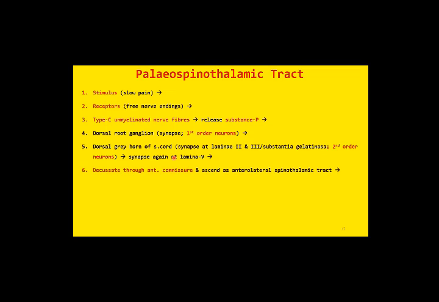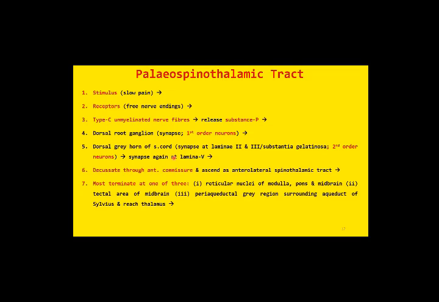Then comes the decussation, or crossing over to the opposite side. They decussate through the anterior commissure and then ascend as the anterolateral spinothalamic tract, just like the neospinothalamic tract. The most important distinguishing feature from the neospinothalamic tract is that the paleospinothalamic tract mostly terminates within the brainstem or within the thalamus.